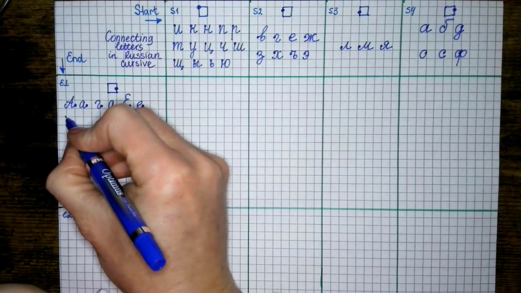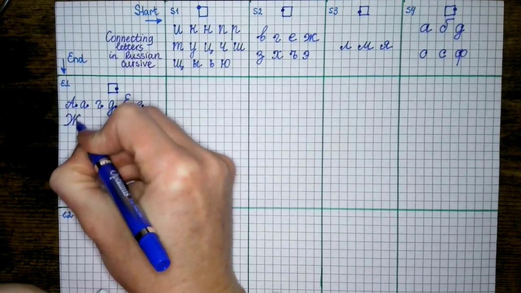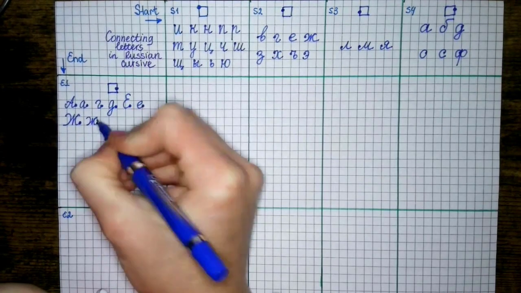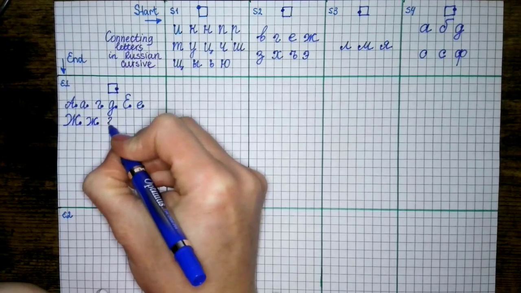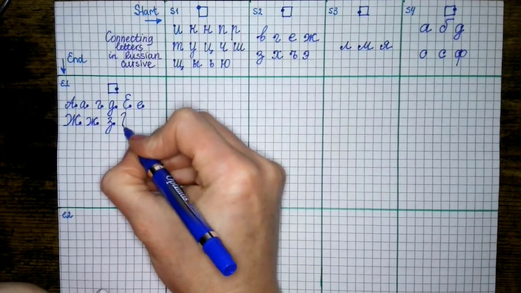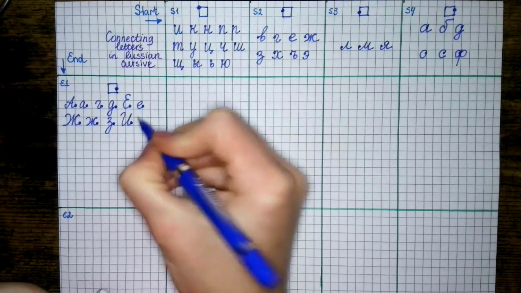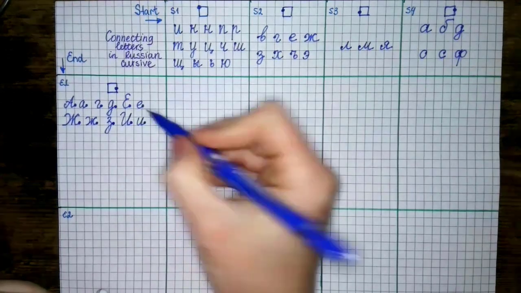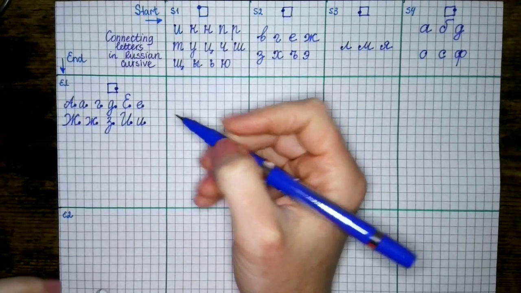Both letters J, capital and lowercase, z, both capital and lowercase e, and of course и краткая will fall into the same category.